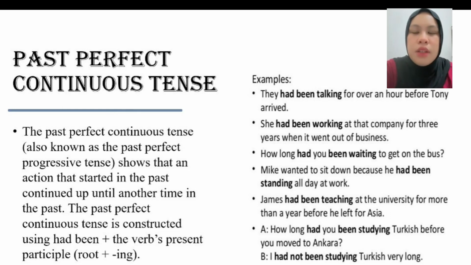As an example, they had been talking for over an hour before Tony arrived. The past perfect continuous tense underlined words are had been talking. The next example is she had been working at the company for 3 years when it went out of business. The underlined words are had been working.